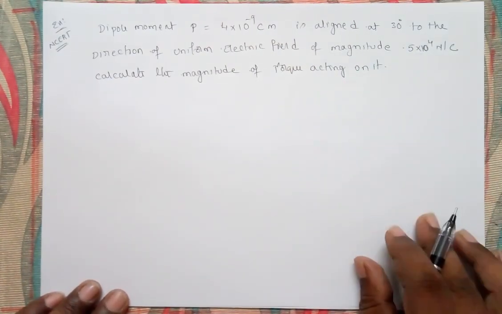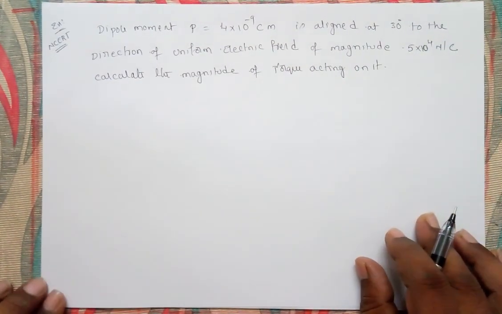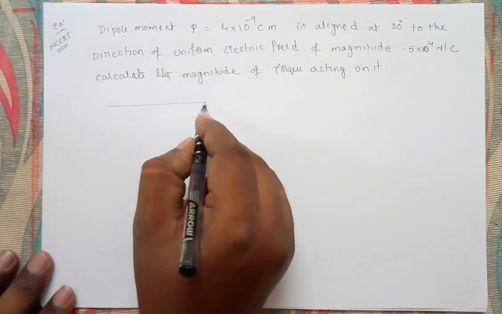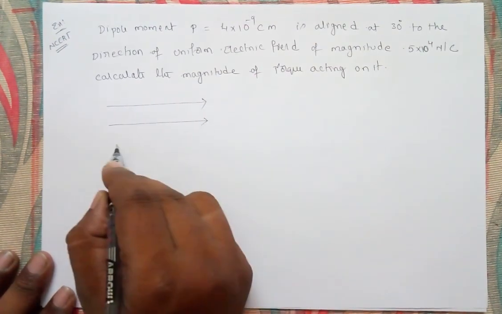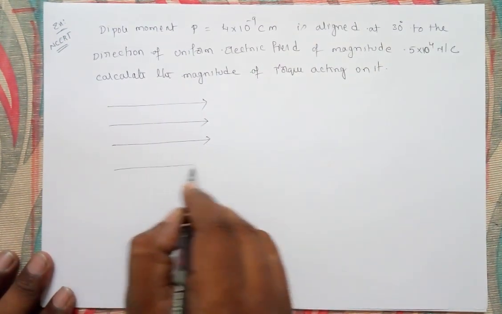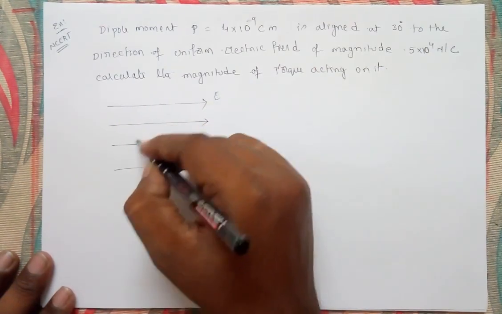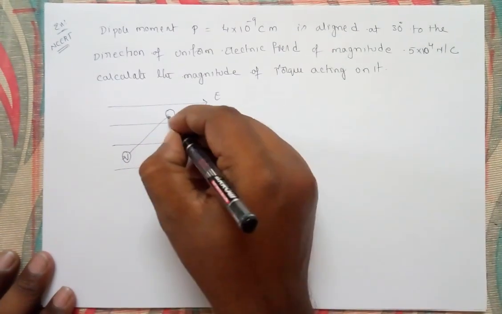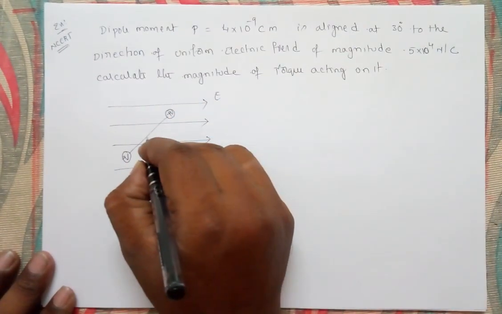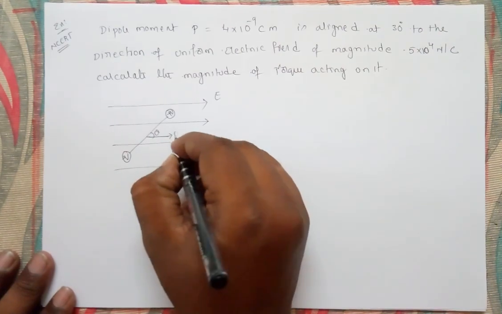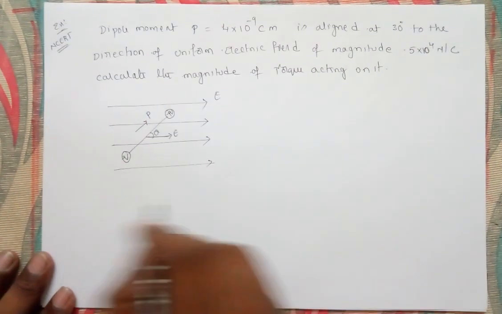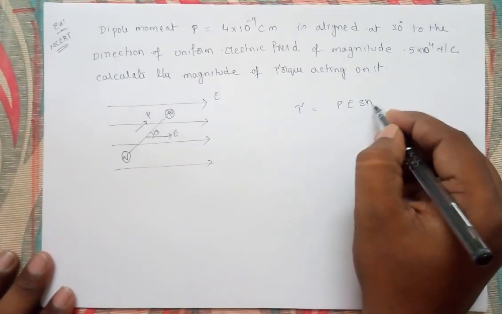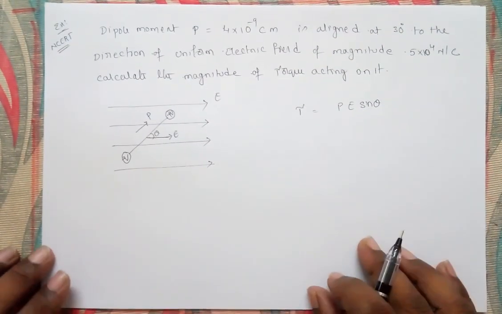See, magnitude of torque acting on it, we already discussed this case. If the electric field is there like this, in a uniform electric field, when a dipole is aligned making an angle theta with E, the dipole moment is P like this, the torque acting on it is PE sin theta, magnitude.